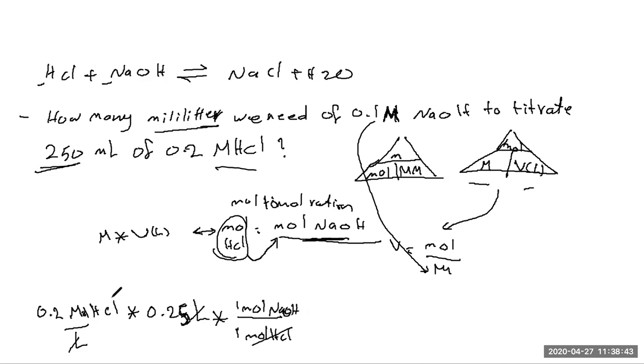Cancel mole HCl with mole HCl. Now I have mole of NaOH on top, so you will divide it by molarity to get the volume. This is the molarity of NaOH, so it will be 0.1 mole divided by liter NaOH.